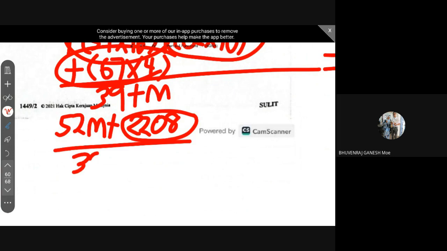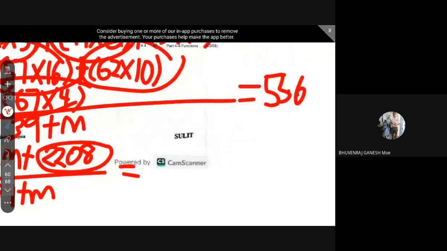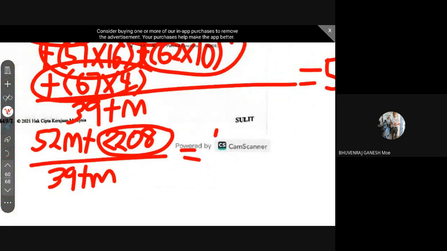Over 39 plus M equals, what's the number again? 55.6. Okay, so now how do we actually solve for M? A lot of people actually blank here. They don't know what to continue with because your basic algebra is weak. So I want to test and see what's the next step.